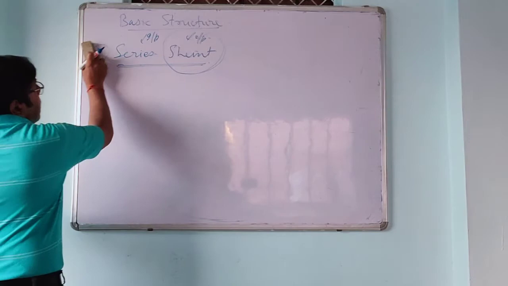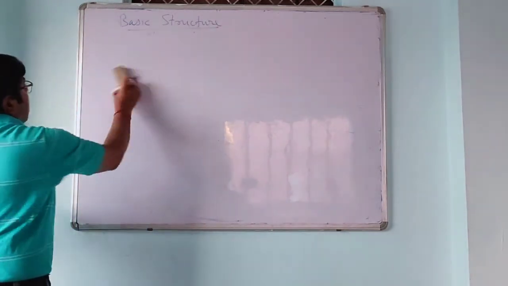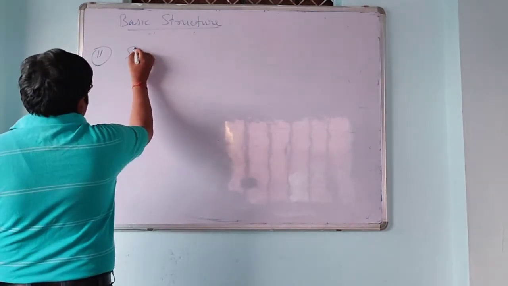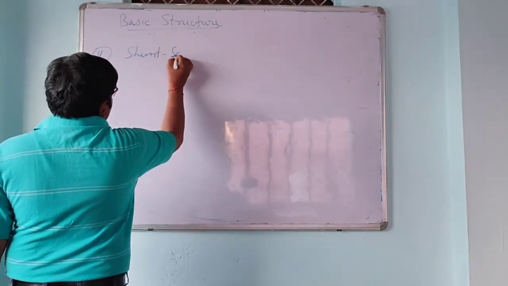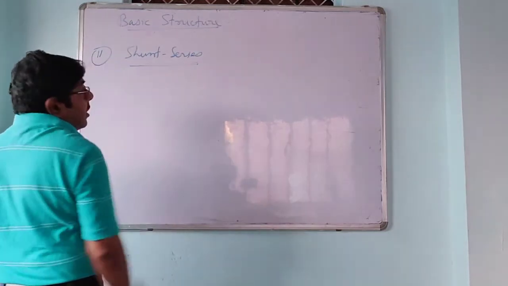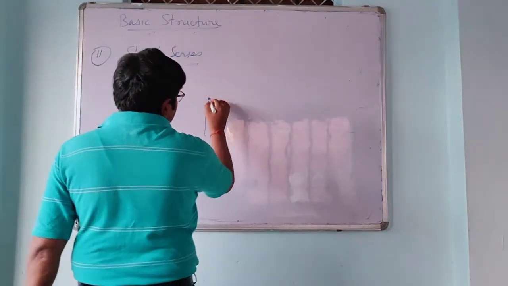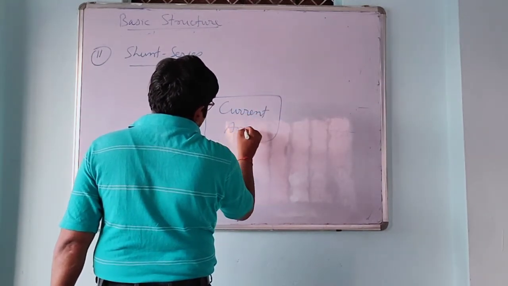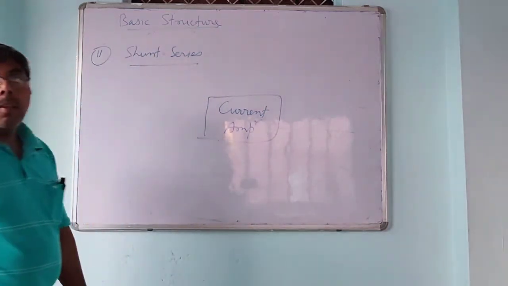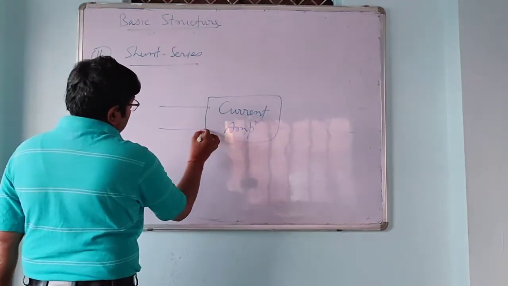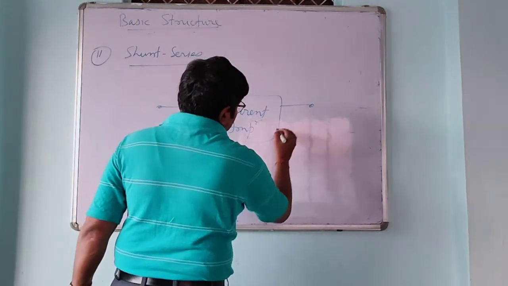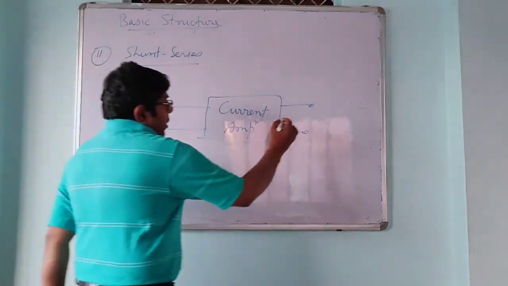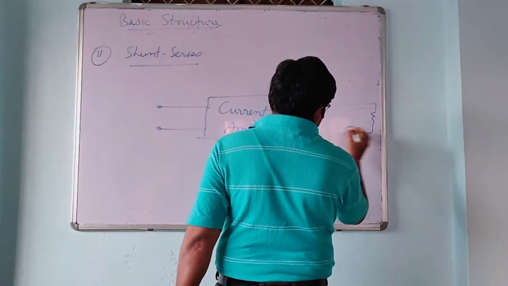Second one is shunt-series, and this is based on the current amplifier. Obviously, we have two ports, input and output. At the output, we have a load RL.